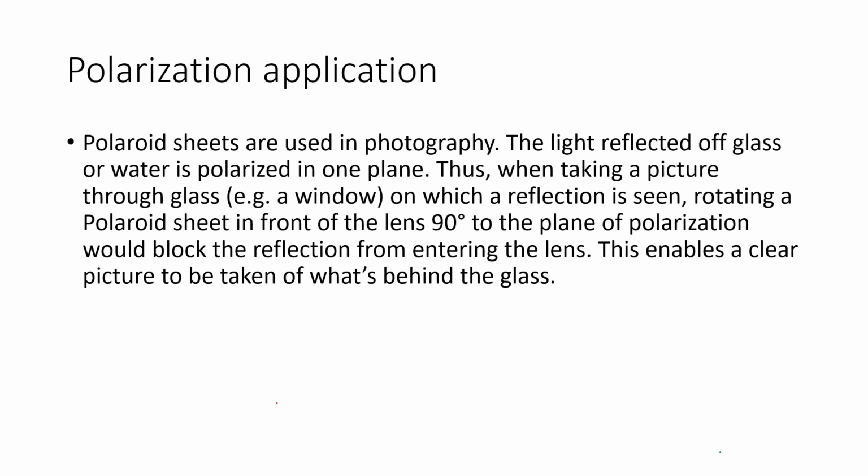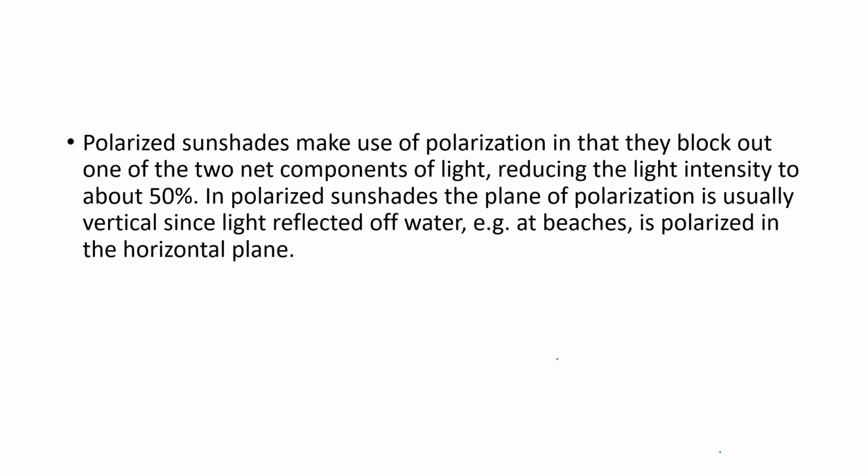So to prevent that reflection from interfering with the overall quality of the image, you use what we call a polarized lens to block out that type of light coming from the reflection. All right, so that's a way of getting rid of polarized waves in a sense. So you can do a little bit more reading up on that part.